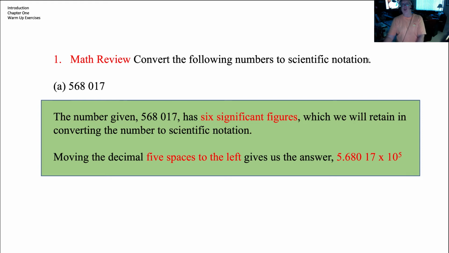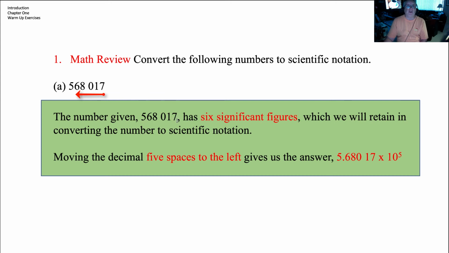In this case, we're looking at converting this number to something that has a power of 10 in it. So if we look down at the answer, our answer comes out to 10 to the 5th. This requires us to do nothing more than move the decimal 5 places to the left.